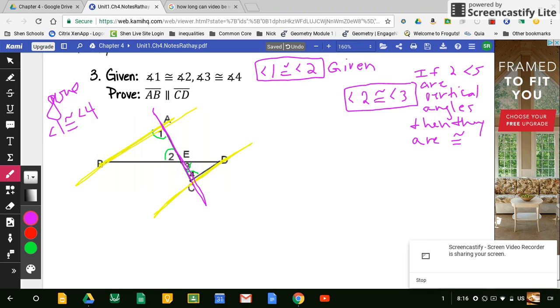Again, really sorry about this bad handwriting. So if I link these two boxes together, now I can make a new conclusion, and that is that angle 1 is congruent to angle 3. When I'm linking things, my reason is transitive property.